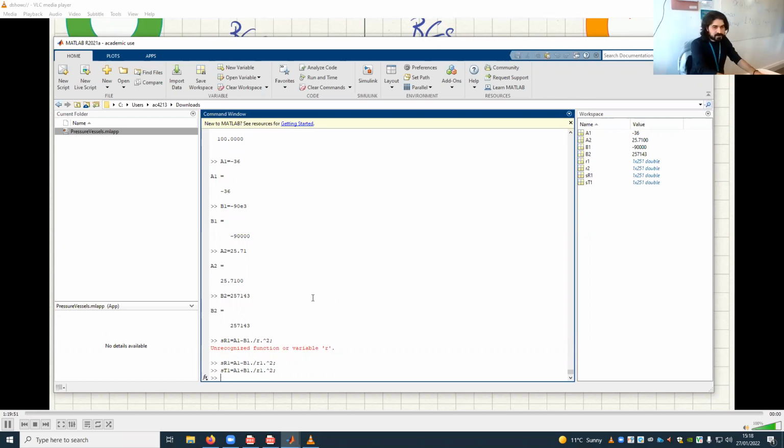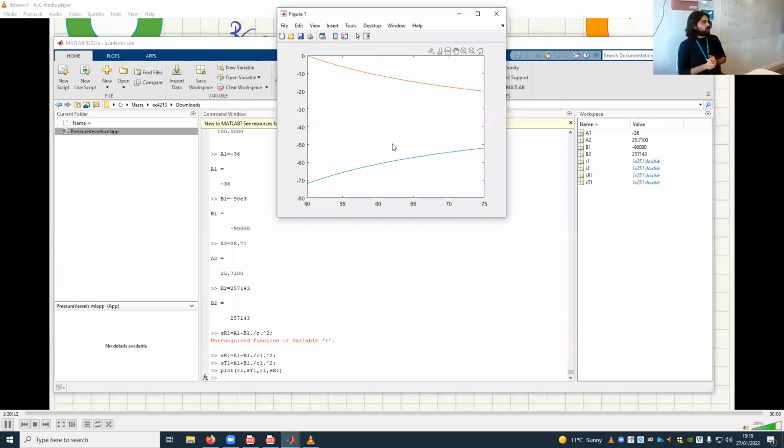And now I can plot. Now I'm doing this just for the inner shell, of course. And I found sigma theta. So I'm plotting the first part just for the core. If I do R1, sigma theta 1, and R1, sigma R1, I get this. Okay, so this is just for the core.